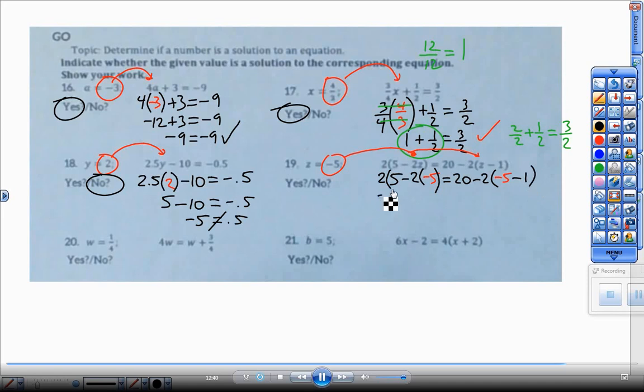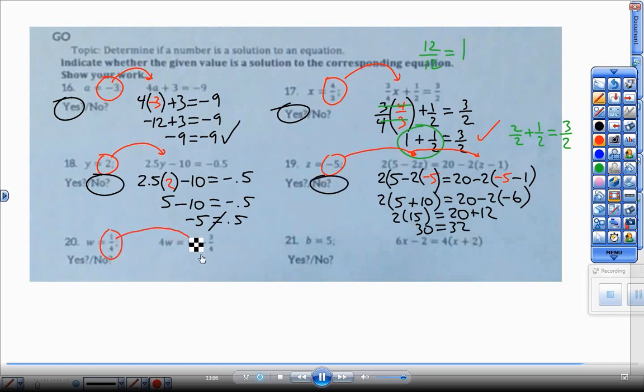This gives me 2 times 5. This -2 times this -5 gives me positive 10 inside there, equals 20. Minus 2, -5 minus 1 gives me -6 inside there. 2 times 5 plus 10, 15. 20 plus 12, -2 times -6 gives me 30 equals 32. That is a no.